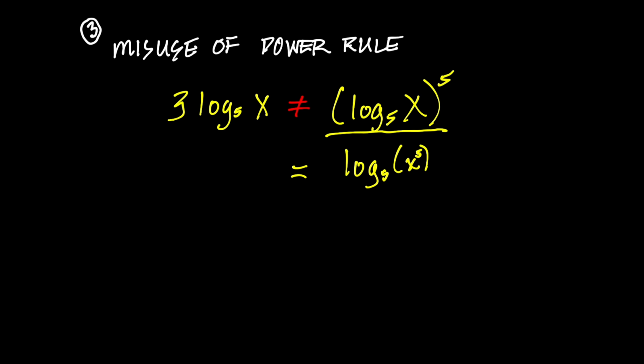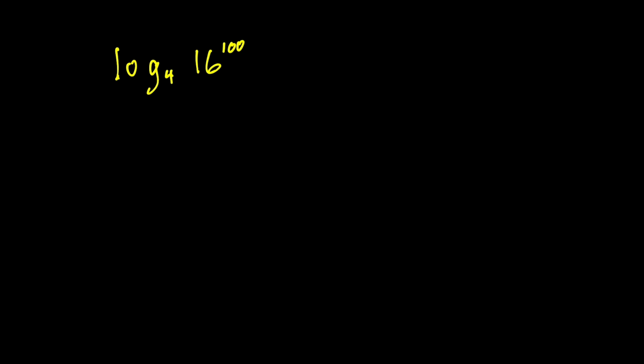Let me find a short example for you, and we'll be on our way. Log base 4 of 16 to the 100th. Remember that 16 to the 100th is all part of the argument. So with that, I can release the exponent.